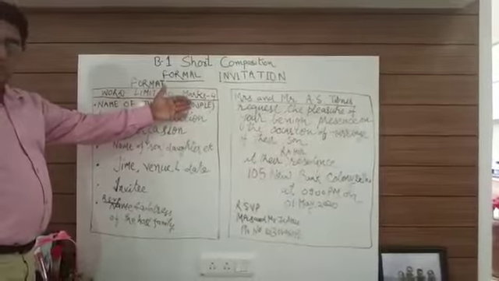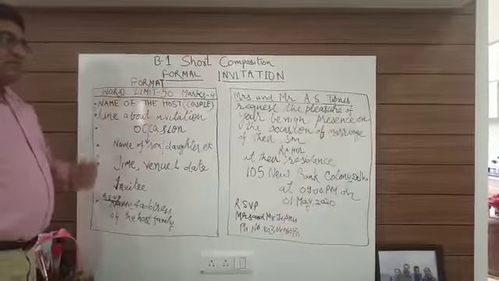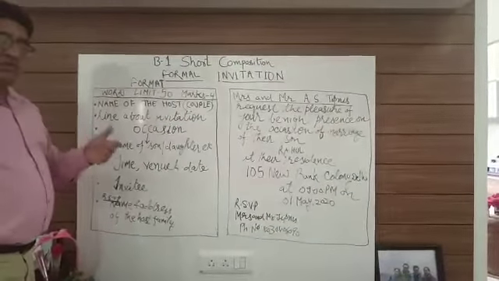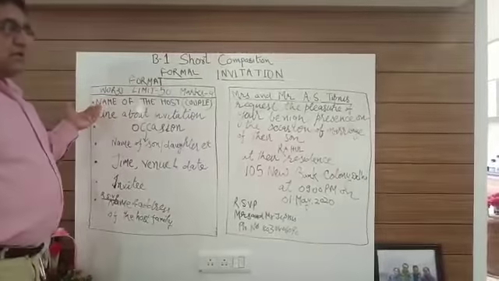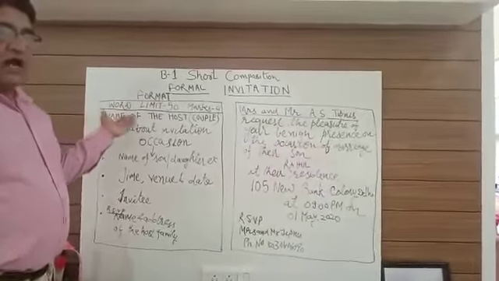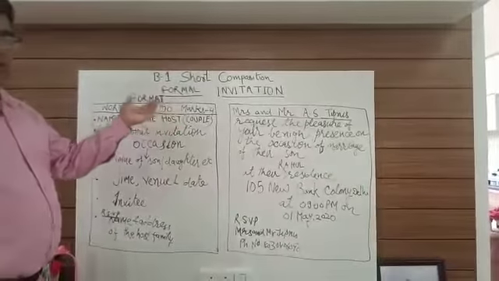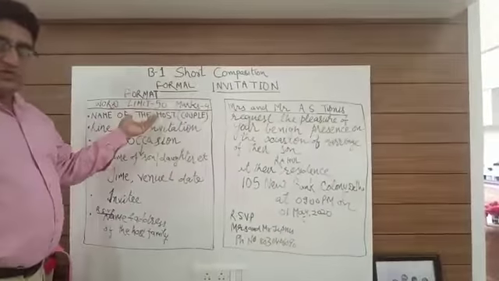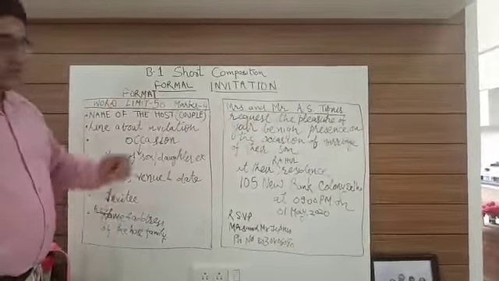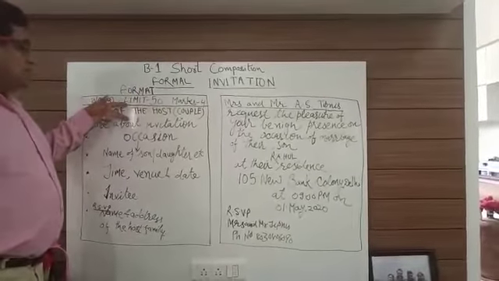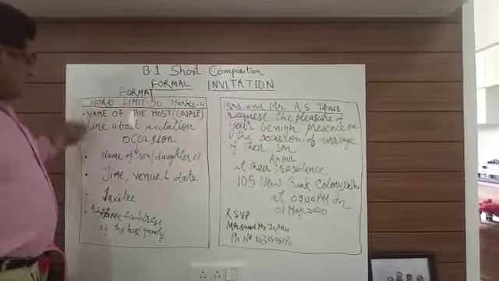It is generally in couple. And suppose it is an invitation from the school, then you can write the students, staff, principal and the management of Delhi Public School Sirsa or whatever the name of the school is. So the first line is of the host always.